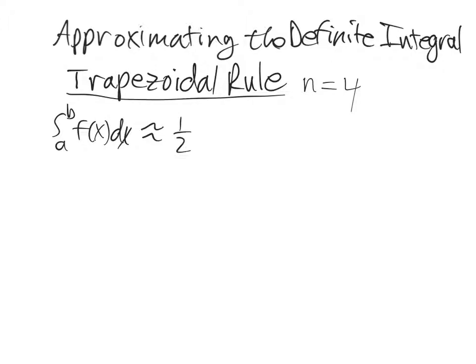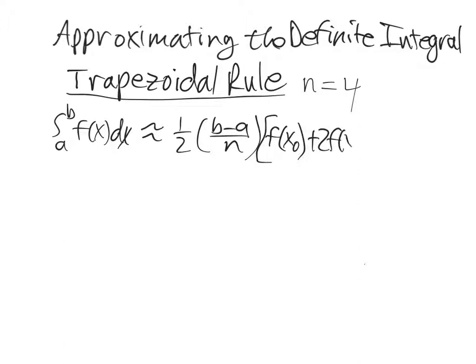The trapezoidal rule is 1/2 times (b minus a) over n times, and then here are your y values, kind of like the lengths of the rectangles that we talked about. These would be the bases of the trapezoid.